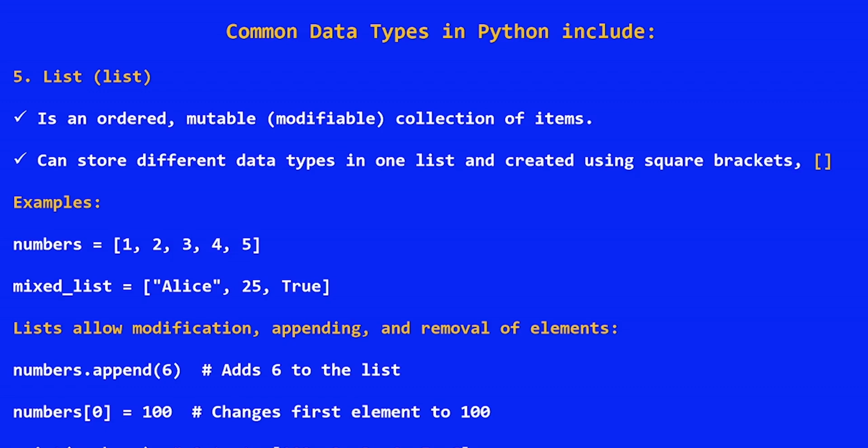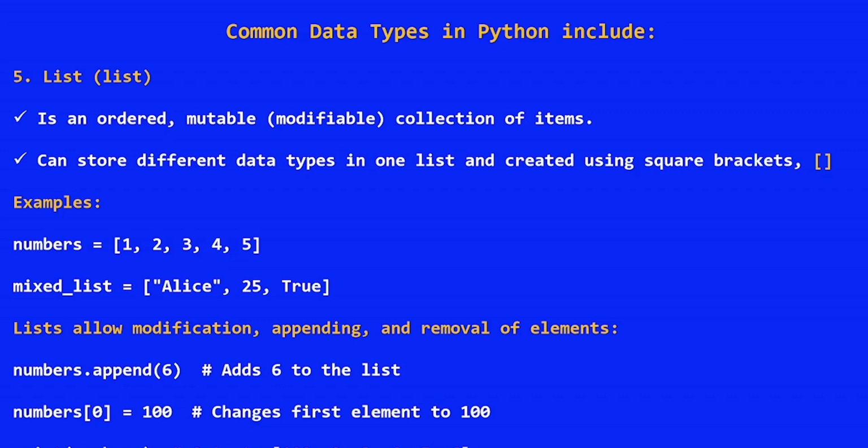And if you want to change what is in position 1 to be 100, the list at position 1 will be 100. Remember, Python programming starts indexing at position 0. If I say indexing, it's like saying, for example, here are numbers 1, 2, 3, 4, and 5.